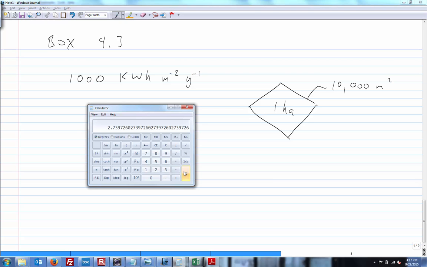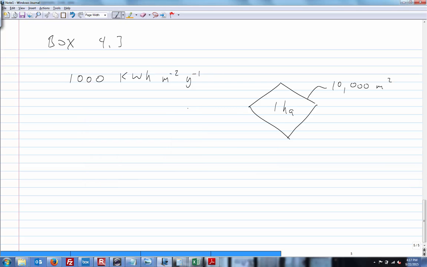Seems a little low, but depending on where you are, Missoula is at 4.4, if I'm not mistaken. These guys are only 2.7, so not a whole heck of a lot to work with, but I'll believe it. 2.7 kilowatt hours per square meter per day. Okay, so we're going to start there.